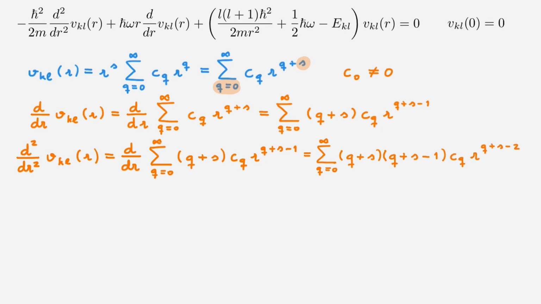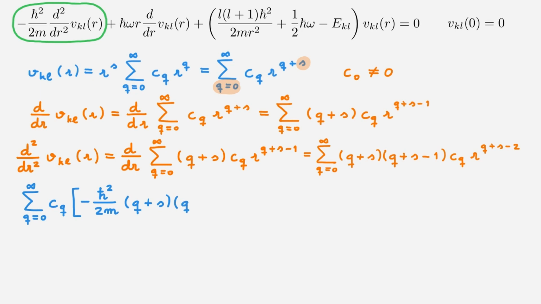We're now ready to rewrite the full differential equation at the top in terms of the power series. Every term will feature the summation over the c coefficients, so we can start with that. We then have the first term at the top here, which involves the prefactor, and then the second derivative of the power series that we've just derived. And note that the power is q plus s minus 2.